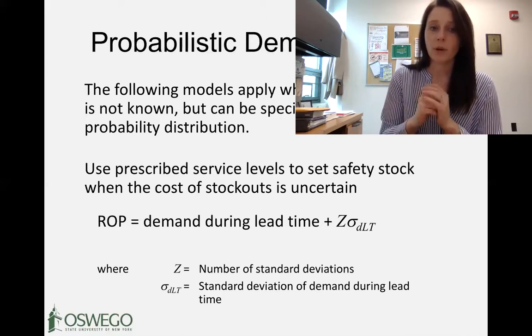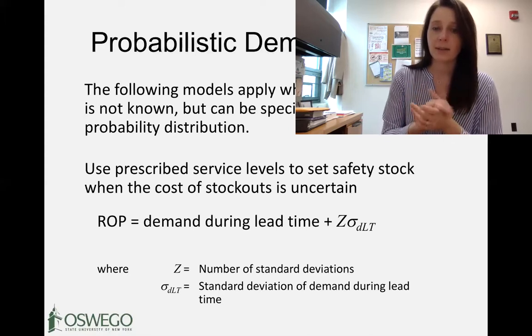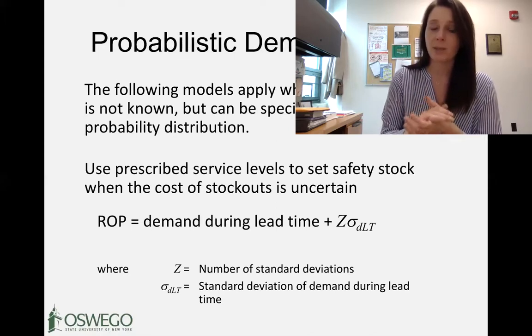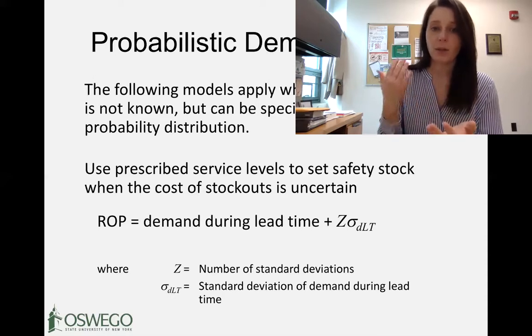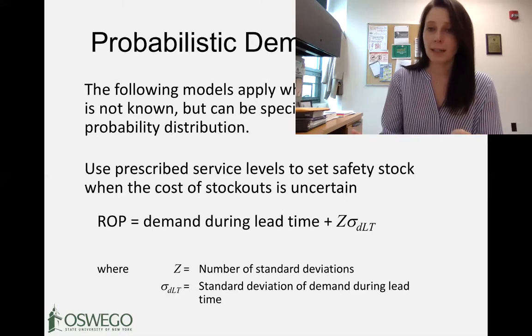So in this case, we're going to use service levels to set safety stock, basically how much we need to have on hand to make sure that we're able to achieve some level of service for our customers. And we do this when the cost of stockouts is uncertain. So we're going to set our reorder point as equal to our demand during lead time, right?